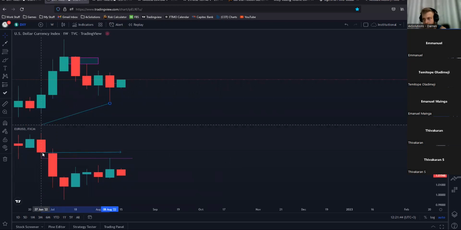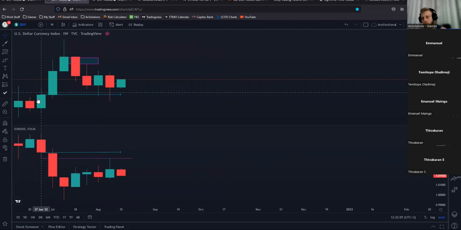So the opposite to this was the close, and the opposite to this is the close. You can see here, although he's sort of got the right mindset that the one is the close, then the DXY is the close, obviously his DXY is at the bottom and mine is at the top. Okay, it really doesn't matter.